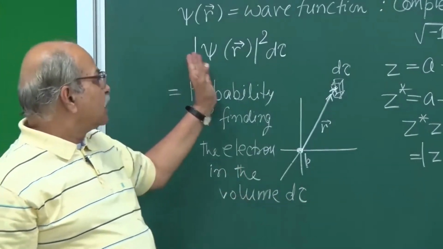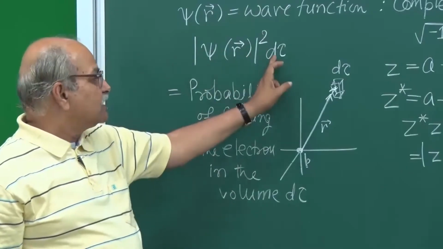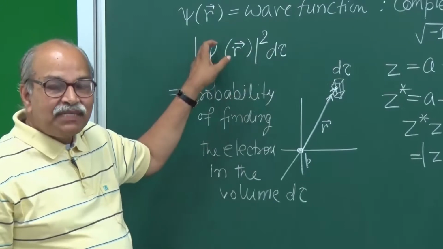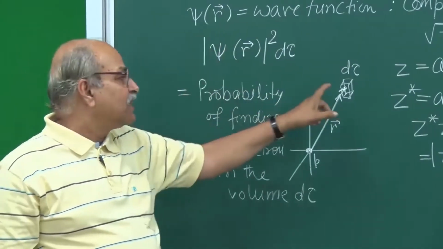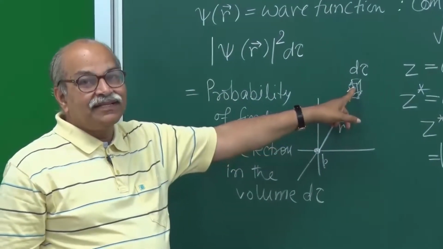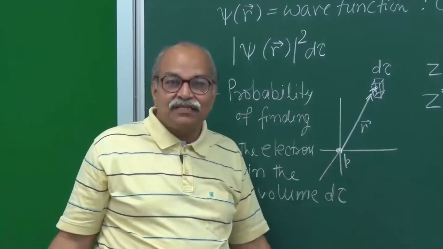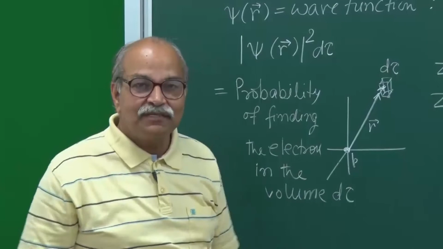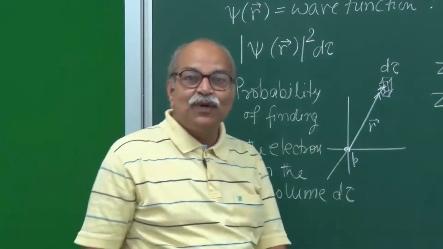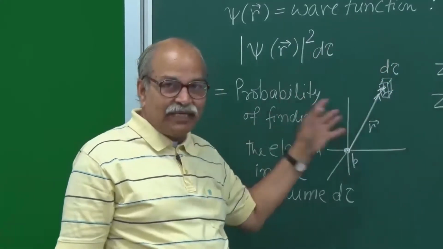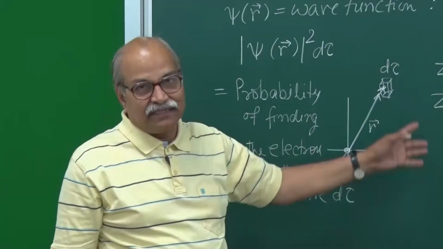Okay, so this mod psi square d tau, this quantity gives me the probability of finding the electron in this volume. If you want to know where the electron is, if I put some instruments to locate it, where do I locate it? You can locate it anywhere in this space, but with different probabilities.